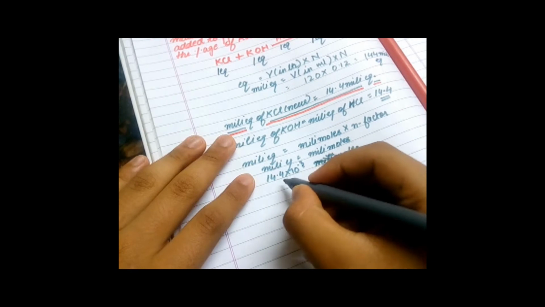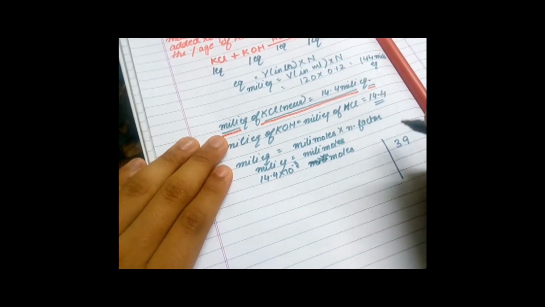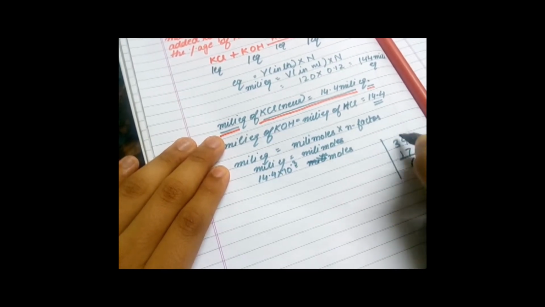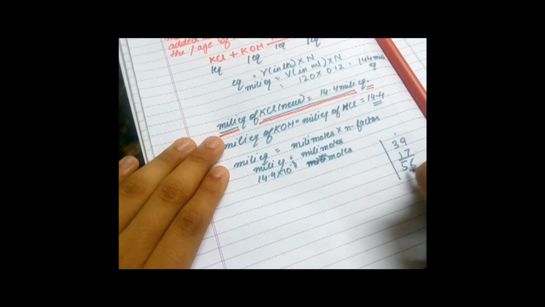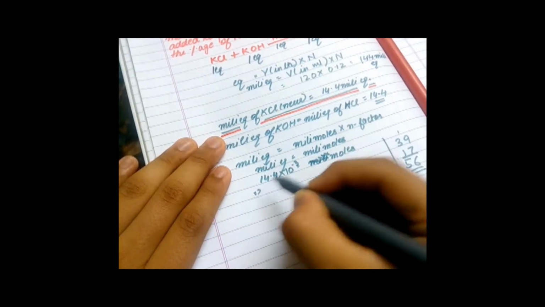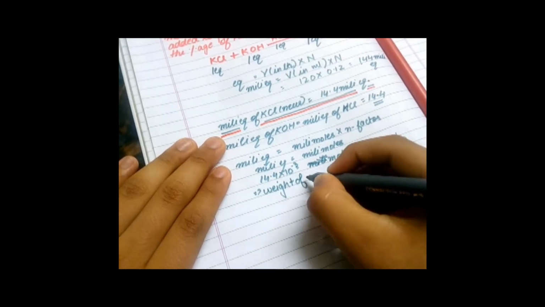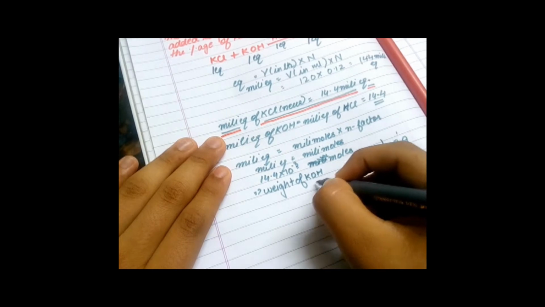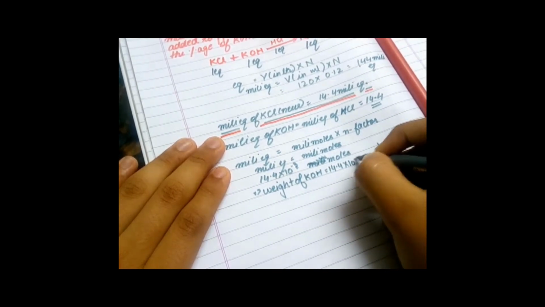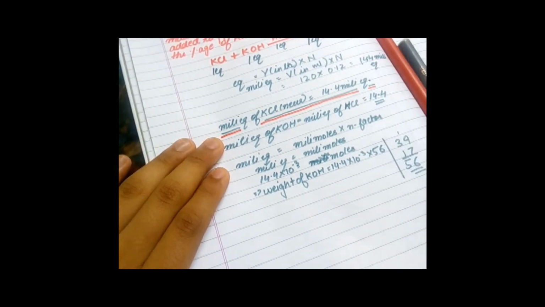The mass of K is 39, and one oxygen and one hydrogen will make 17, which means KOH has a mass of 56 grams per mole, which implies weight of KOH will be equal to 14.4 into 10 raised to the power minus 3 into 56.